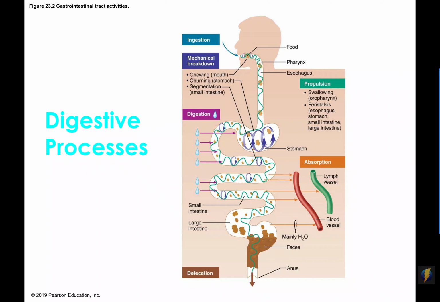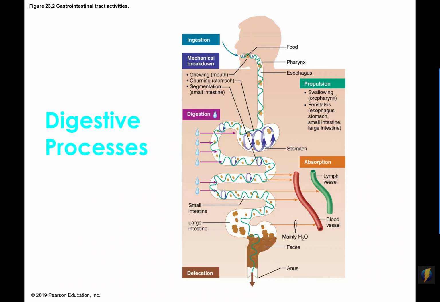So there's slightly different mechanisms of absorption for the different types of nutrients in our food. And then once we have absorbed the usable nutrients, whatever is left, waste and feces, is then defecated out of the body and excreted, which is mostly a function of the large intestine and the rectum.